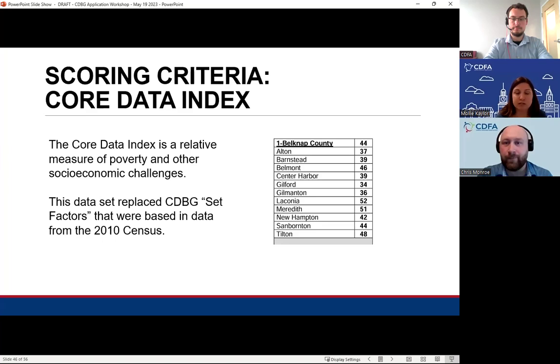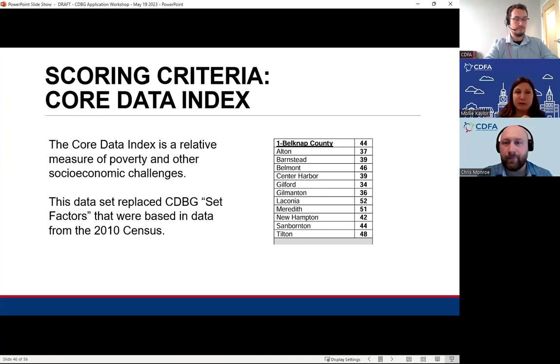I just want to touch briefly upon our core data index. This is a relative measure of poverty and other socioeconomic challenges by municipal level. This data set replaced the CDBG set factors that was previously used as part of the CDBG scoring criteria. That was based on some older census data.